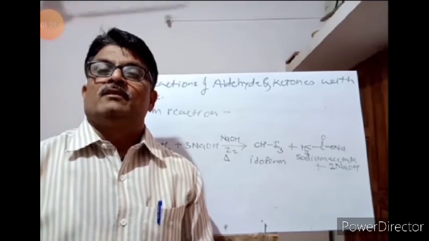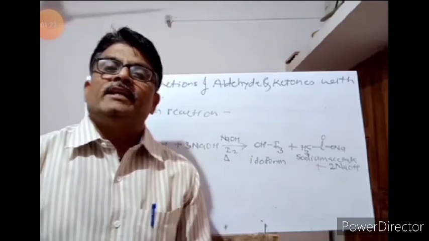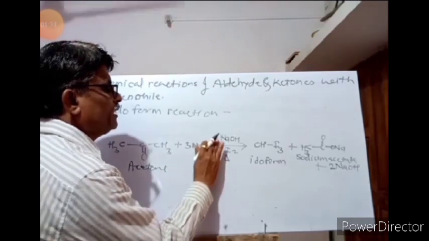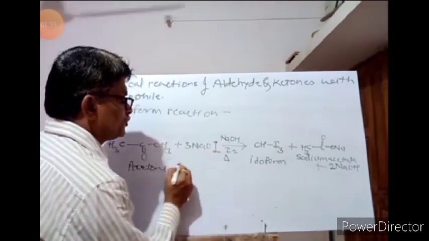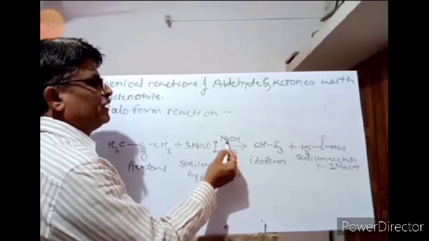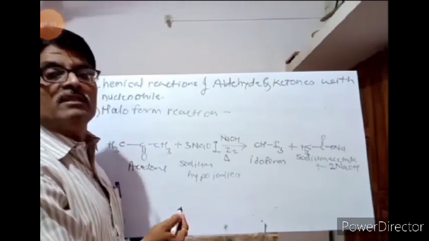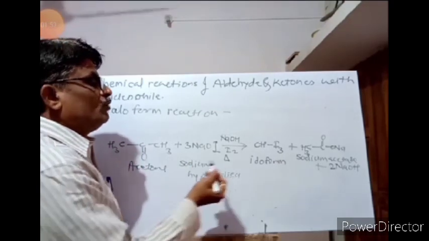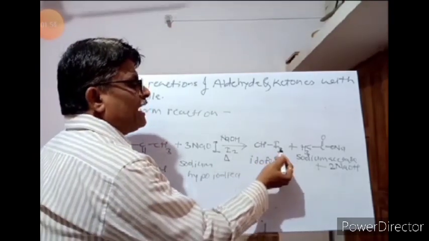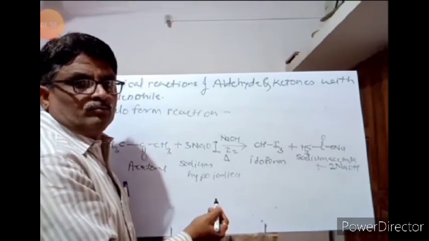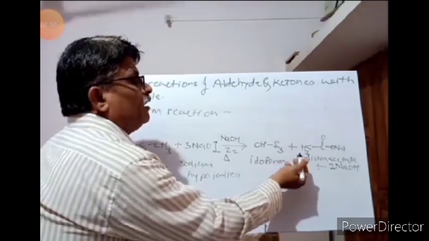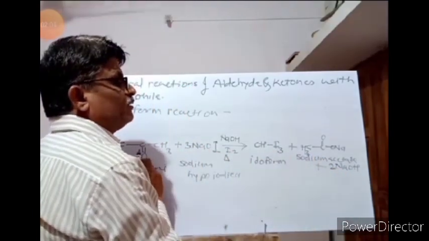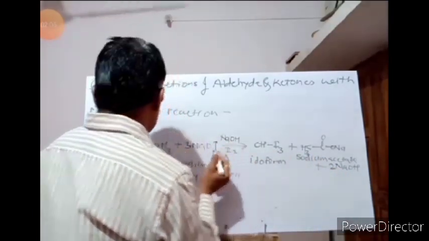For example, when the ketone acetone reacts with sodium hypoiodite, formed by the reaction of sodium hydroxide and iodine crystals in the reaction mixture, it forms CHI3, known as iodoform, with sodium acetate, which contains one carbon atom less than propanone.